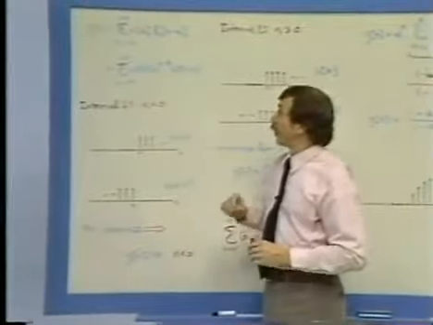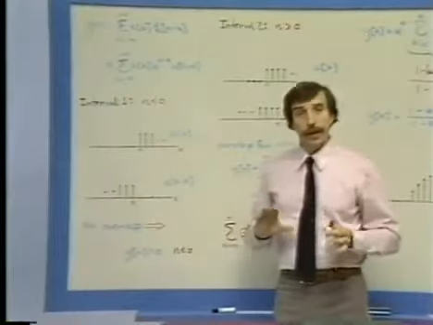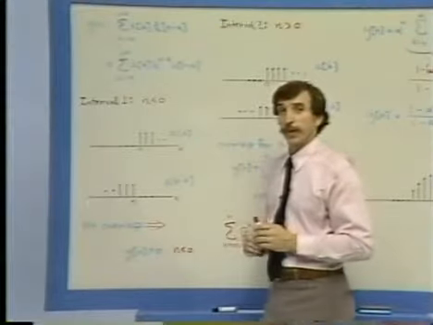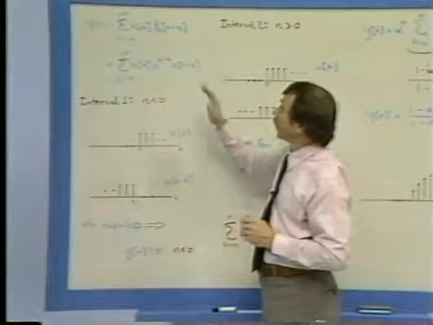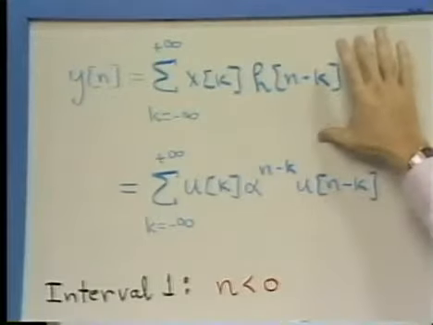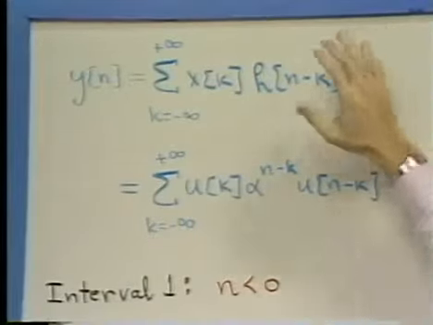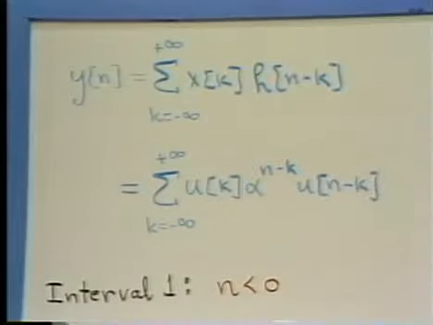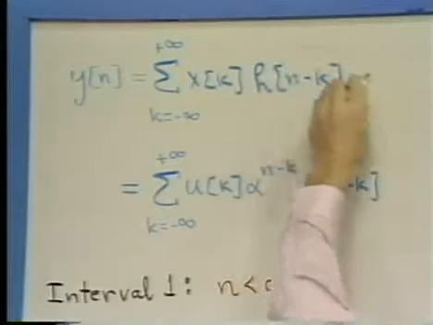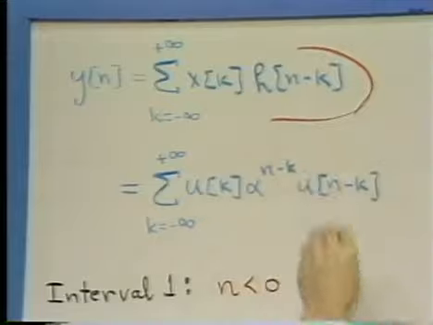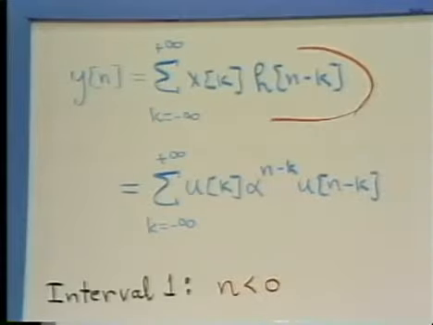Well, we have first the discrete time case, and let's take our discrete time example. And in general, the convolution sum is as I've indicated here. So this is just our expression from before, which is the convolution sum.